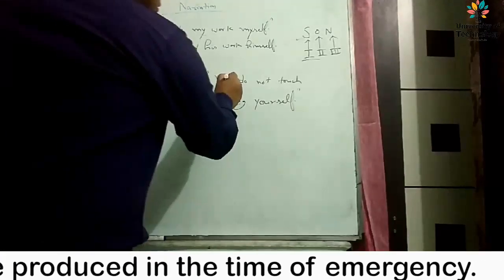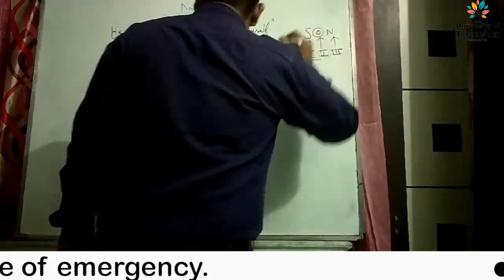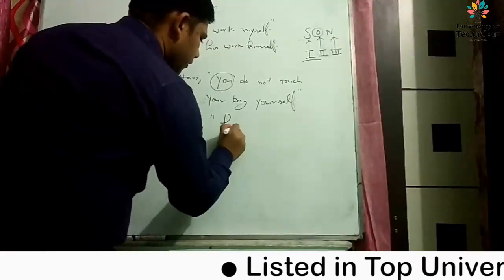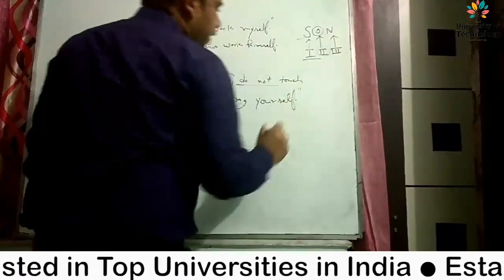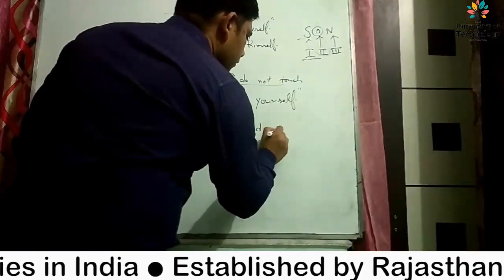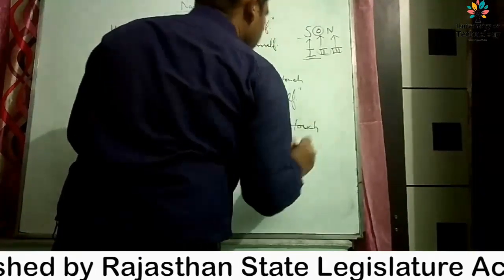Now you is second person, it requires the object. The object is Hari, so he. Now do not, it is present tense, so he did not touch.